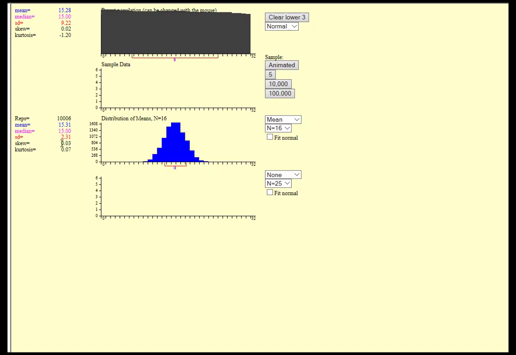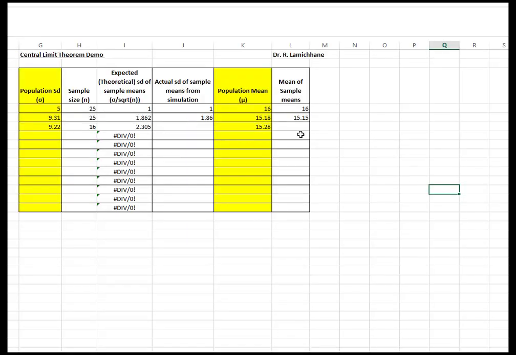And if you look closely here, the mean is 15.31 and standard deviation is 2.31. So these values match.